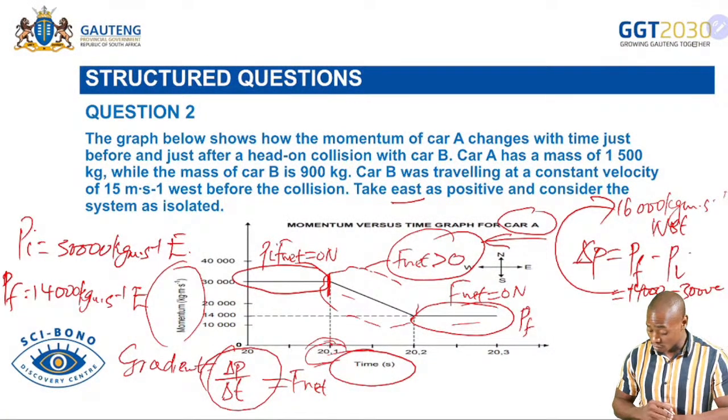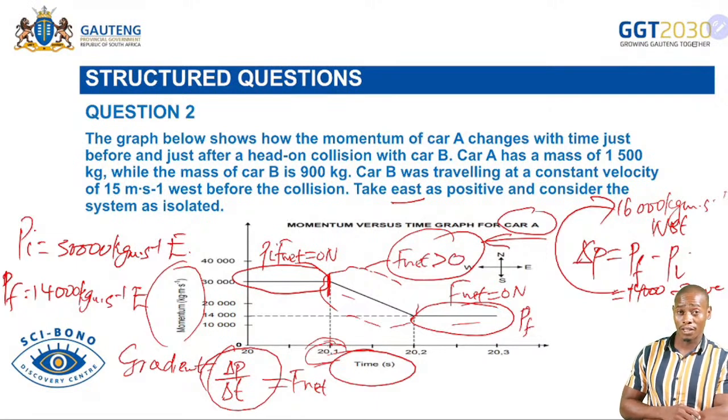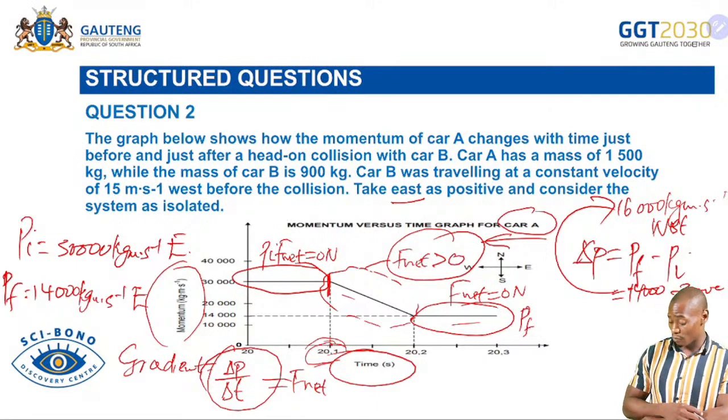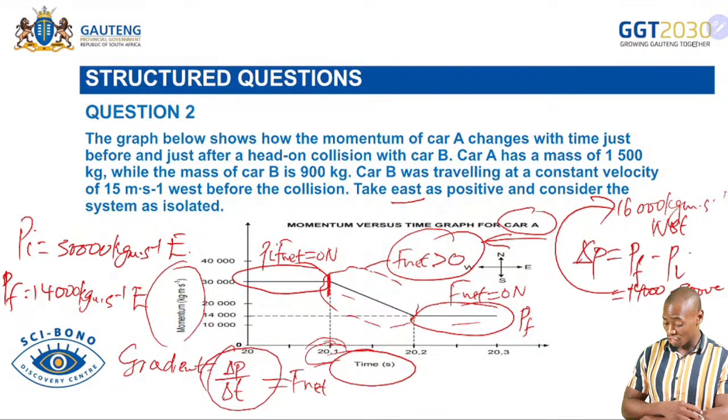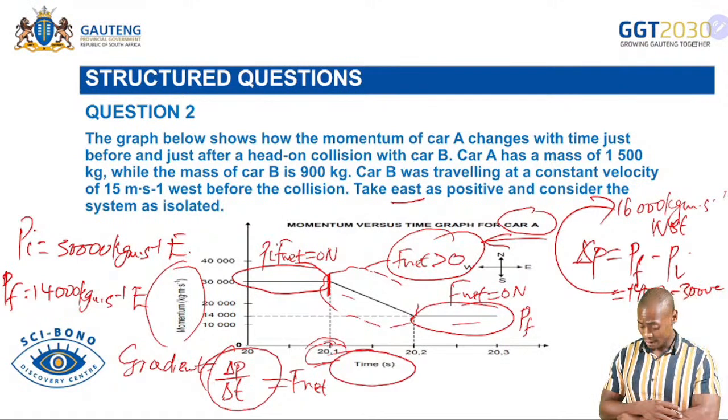So when it comes to this graph, there's a lot that we can talk about: the initial momentum, the final momentum, and the change in momentum between 20.1 seconds and 20.2 seconds. How can we calculate that F net between 20.1 and 20.2? We calculate the gradient.